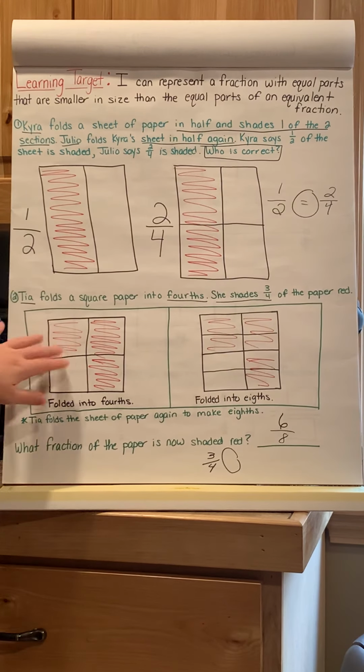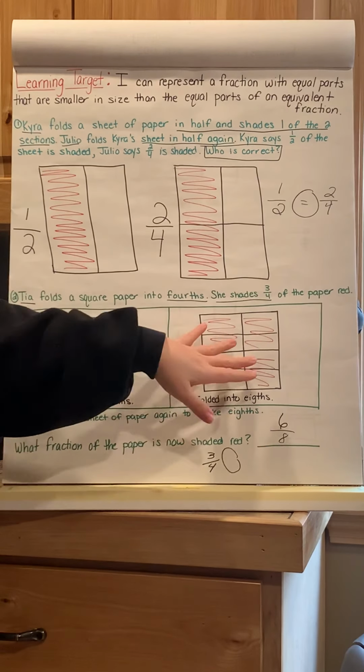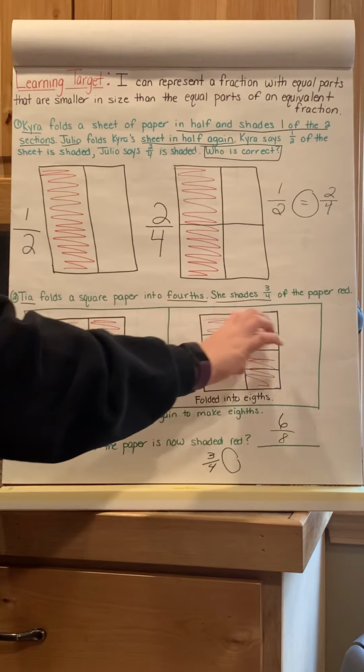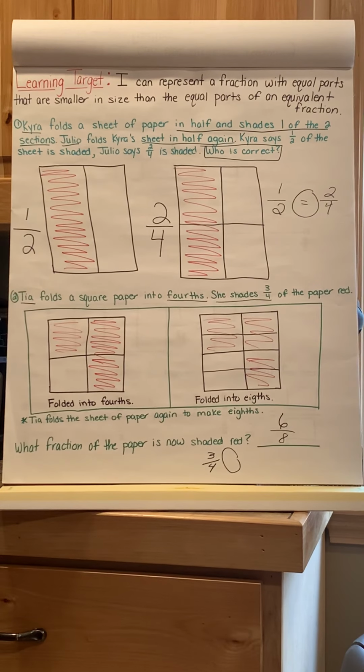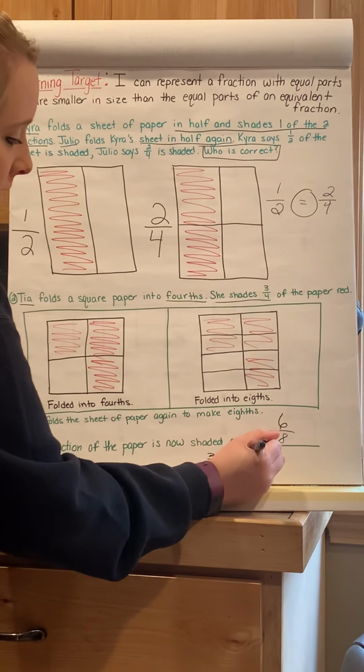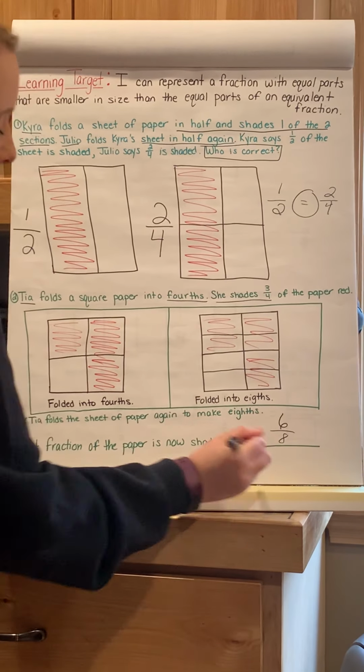And you can tell by looking at these two folded pieces of paper that they're equivalent. The same amount of space is shaded on both of them, which means that 3/4 right here is equal to or equivalent to 6 eighths.